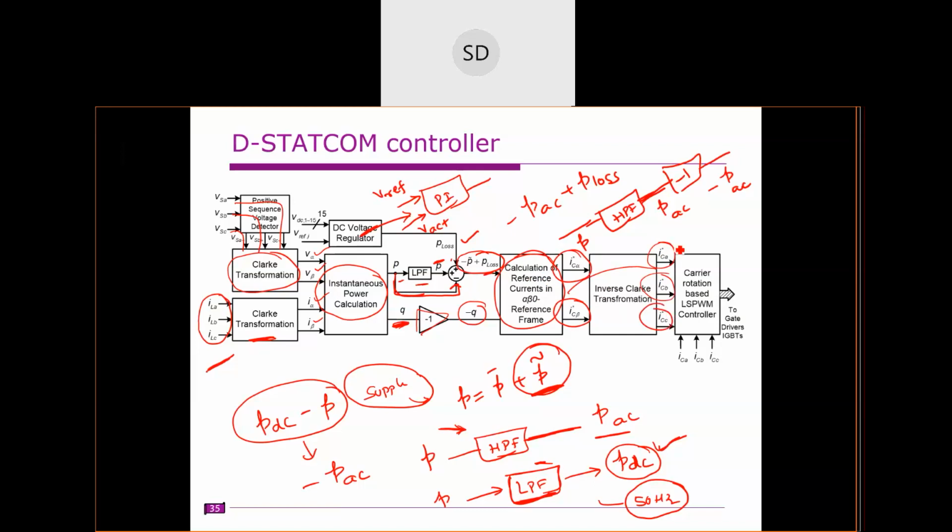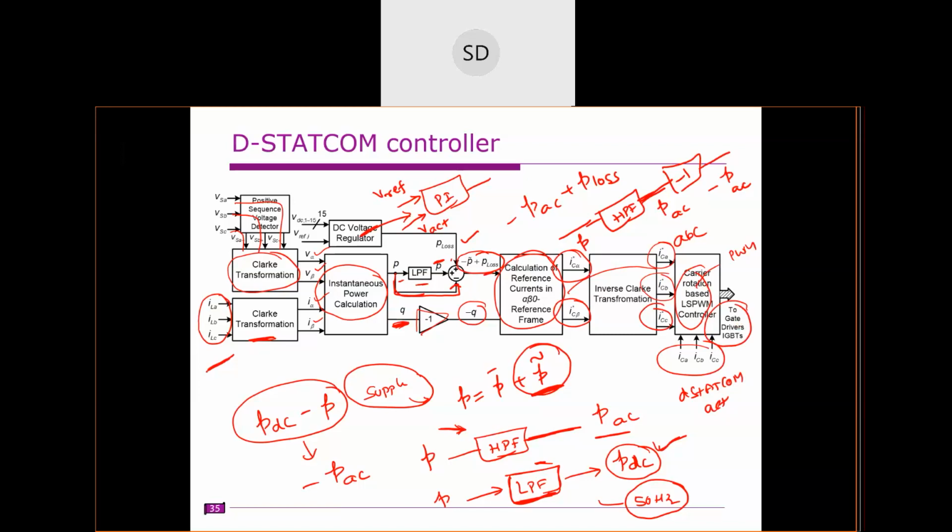That is the currents in ABC frame. Later, by using any PWM scheme, we convert them to the actual D-STATCOM currents. So we have generated the reference signal for this. Okay, clear?